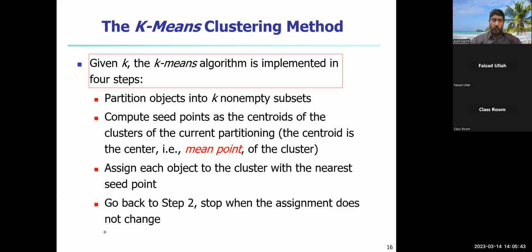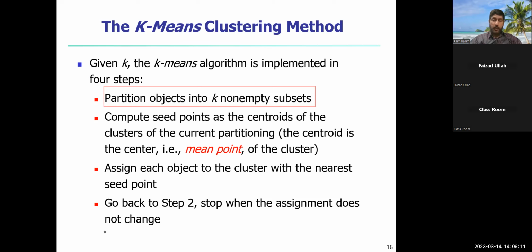So as a user, you will need to specify कि आपको कितने clusters चाहिए, कि 2 चाहिए, 3 चाहिए, 10 चाहिए, 15 चाहिए. So this has to be specified upfront. And then of course you have to give the entire data. The data is assumed to be in vector form, and each attribute is numeric in nature, meaning that you have values that are continuous for each attribute.